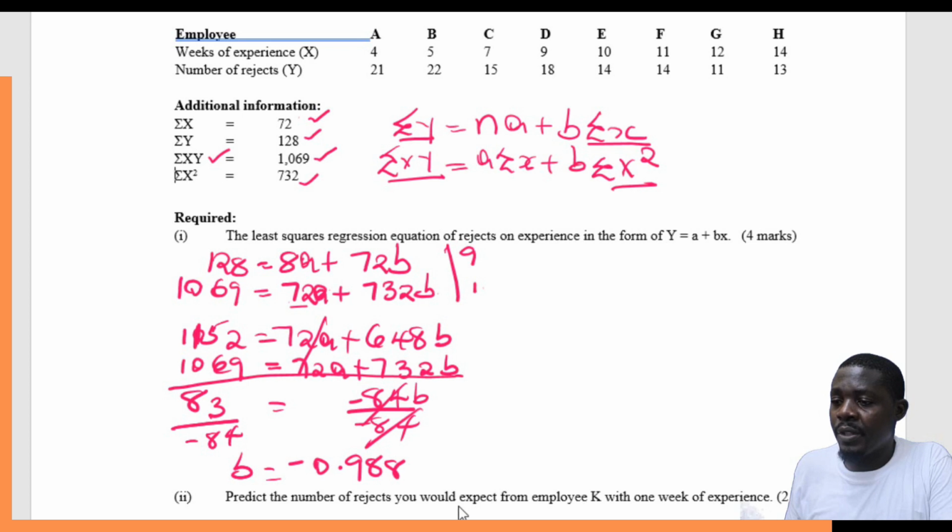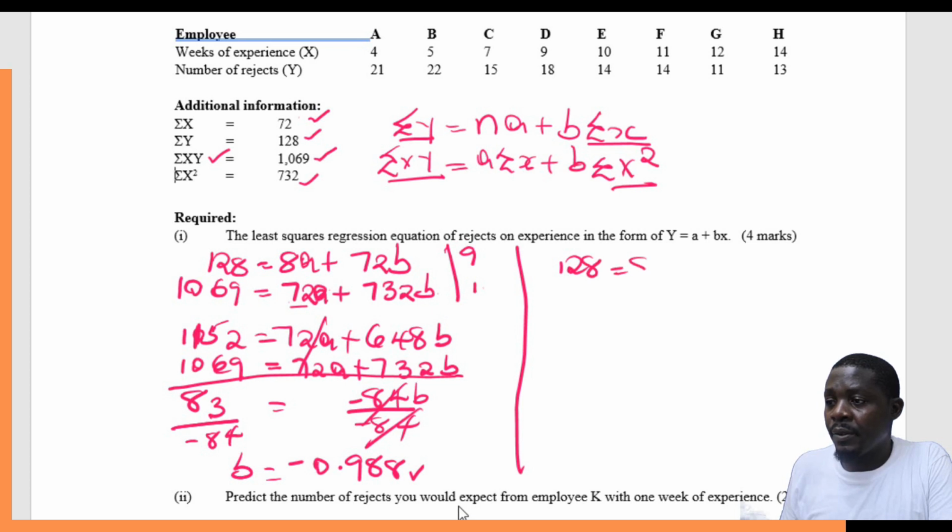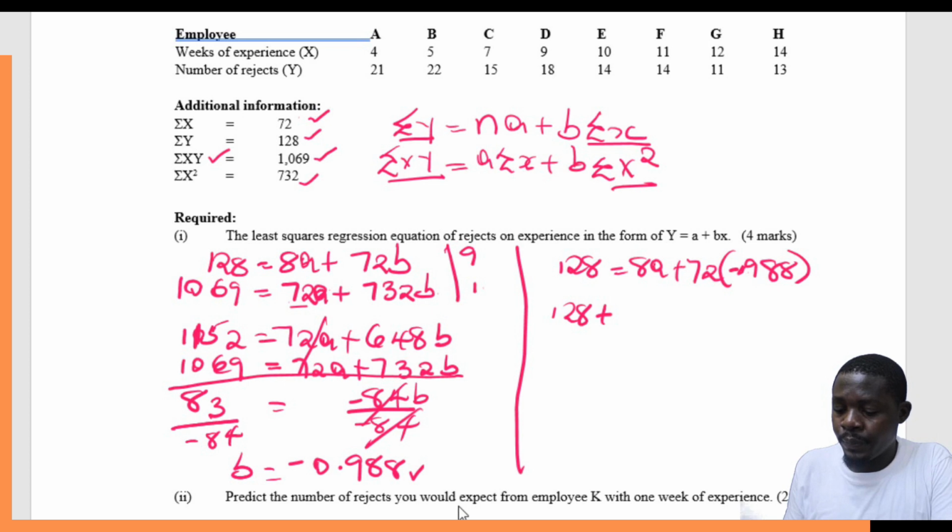We can now substitute b into the first equation to get the value of a. 128 is equal to 8a plus 72 multiplied by negative 0.988. Moving that to the other side, 72 multiplied by 0.988 gives 71.143.